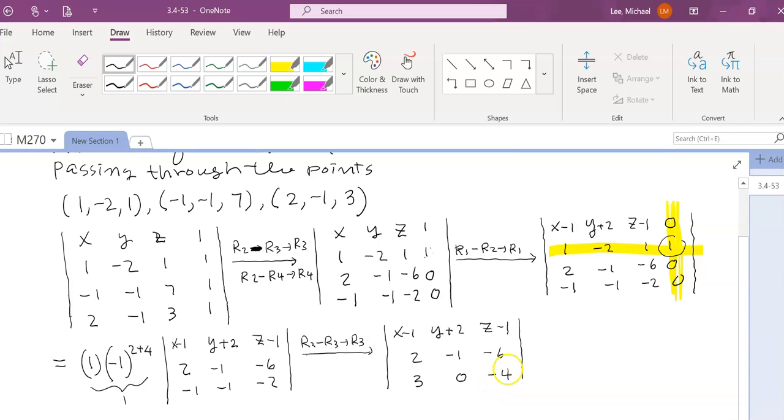Okay. So now what do I do? I expand about this row.